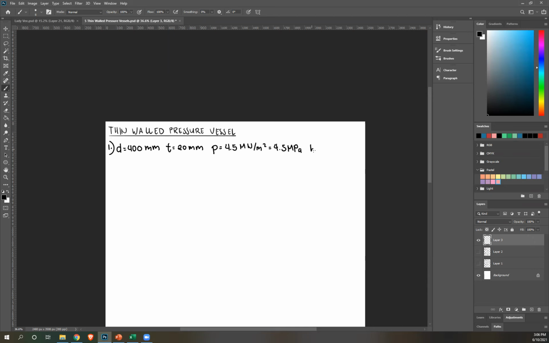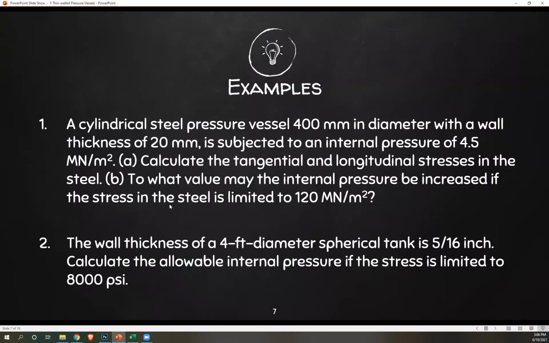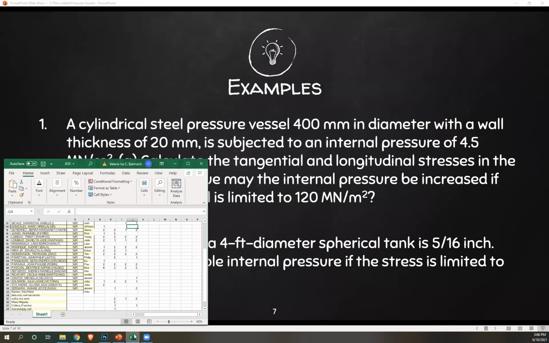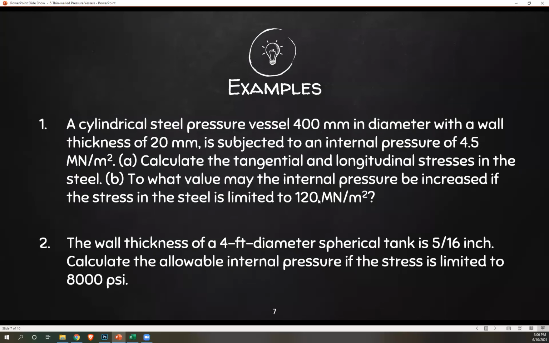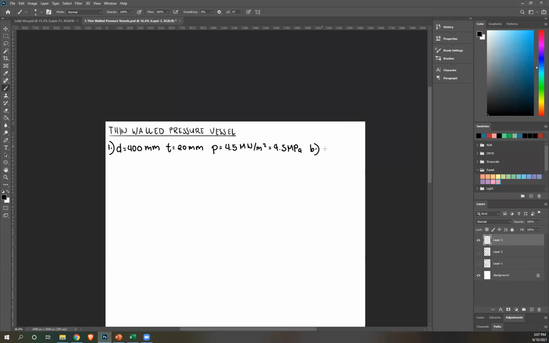So that's for part A. Then we have a follow-up question for part B. To what value may the internal pressure be increased if the stress in the steel is limited to 120 meganewton per meter squared? So limited to 120, that means that's the maximum stress that your system is allowed to experience. So that's your sigma max, 120 MPa.